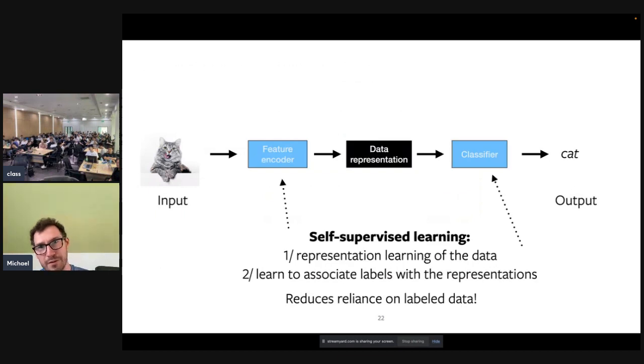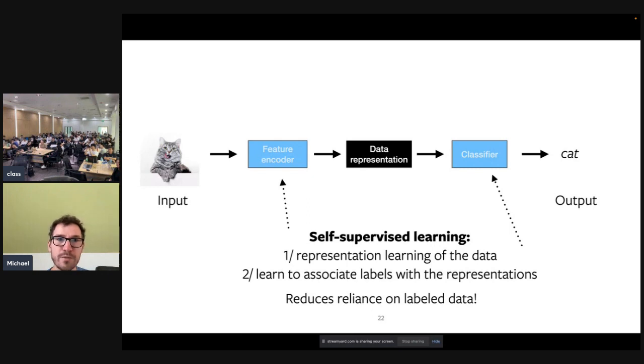And in self-supervised learning, in contrast, we are trying to separate these different steps. First, we're looking purely at unlabeled data. We're learning a feature encoder. That's the first step, and we do this because we do not need any labels for that. So we do representation learning.